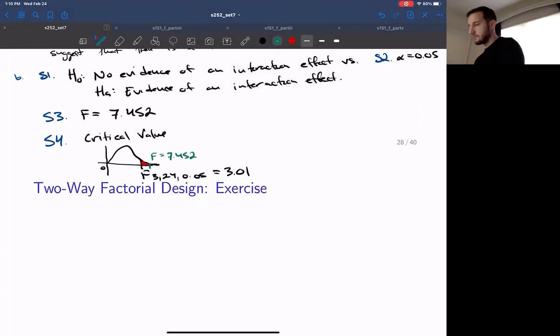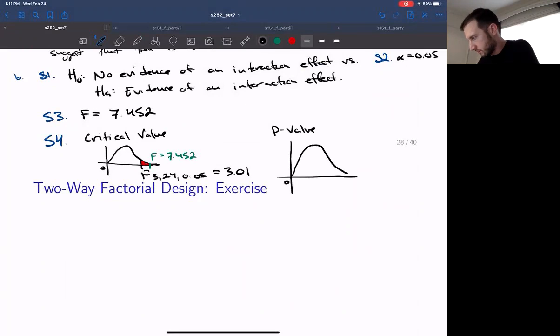Right? Okay. Now in the second example, if we were to take the p-value approach, we have F equals 7.452. Okay.